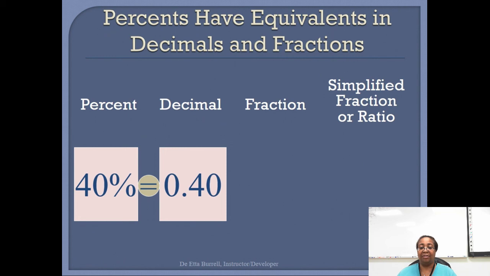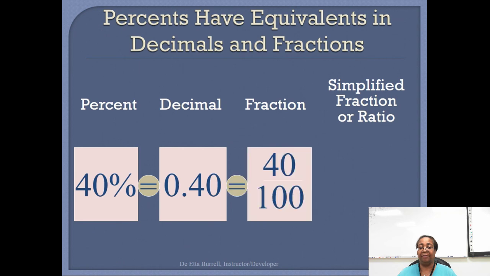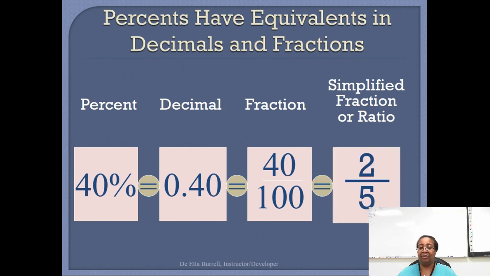The fraction would be 40 hundredths. And when you write your simplified ratio or your simplified fraction, you're going to reduce by 20, and that will give you 2 over 5. So your ratio would be 2 over 5. Your fraction would be 2 over 5.